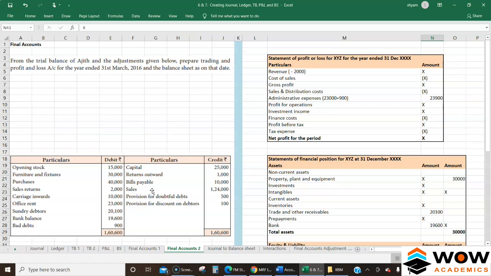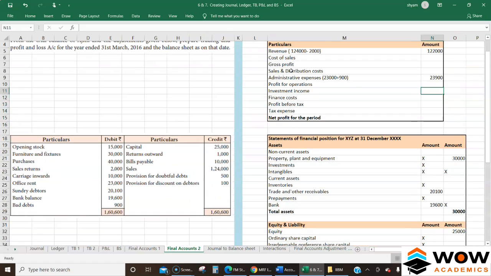I think we left one number. We left revenue. Revenue was 1,24,000. After the 2,000 of sales return, it comes to 1,22,000. We have to get the cost of sales number.